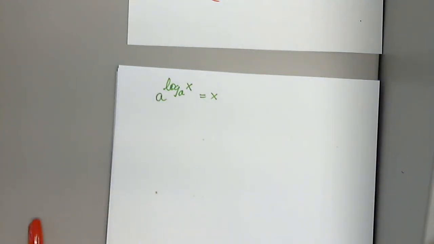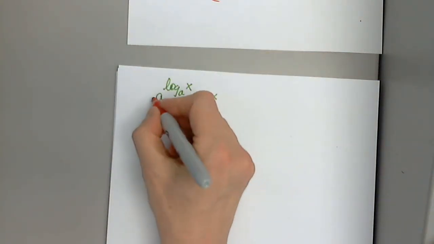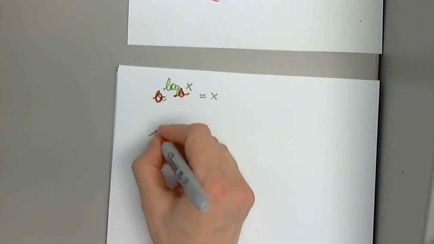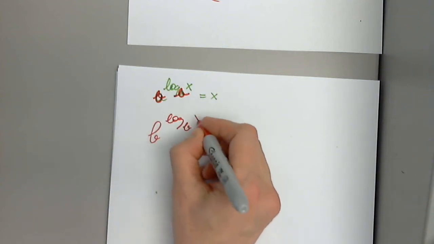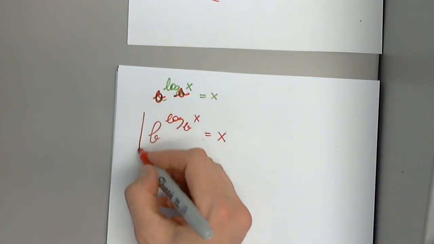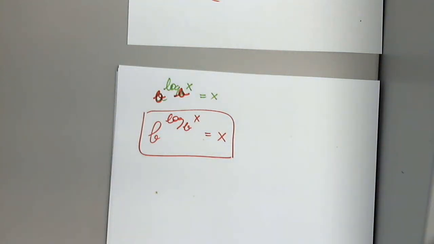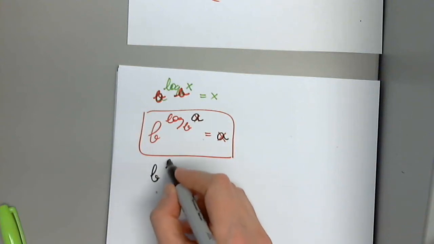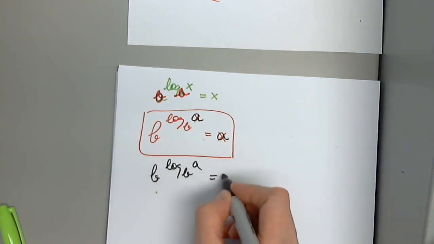Allow me to use a different letter because I want to use a. So I'm going to use here b and here b. Is that okay? So b raised to log base b of x is x. But now I'm going to put a in here. So then b raised to log base b of a is a.